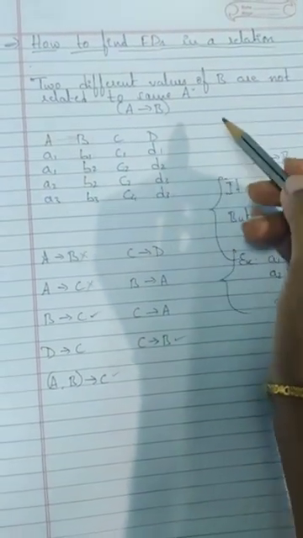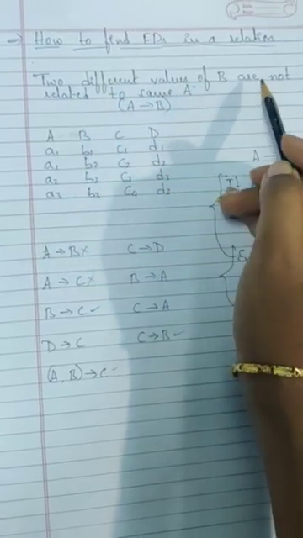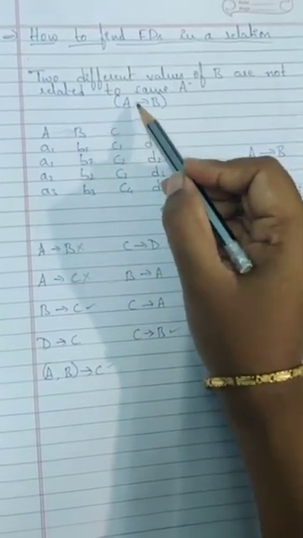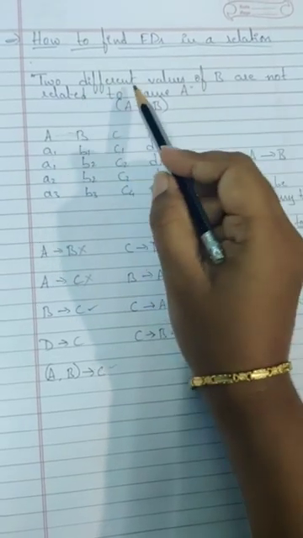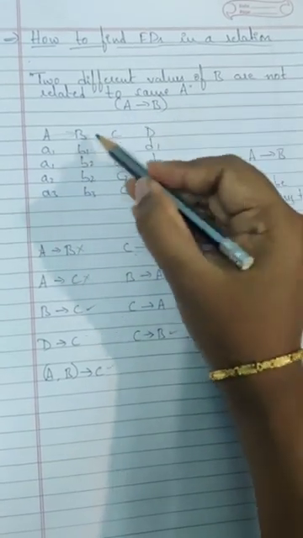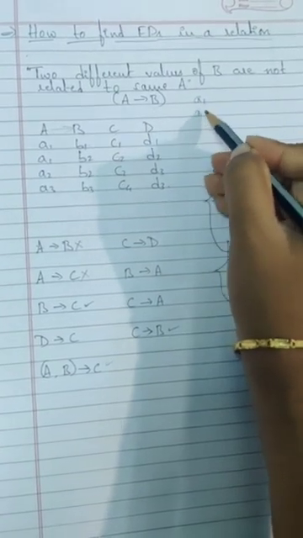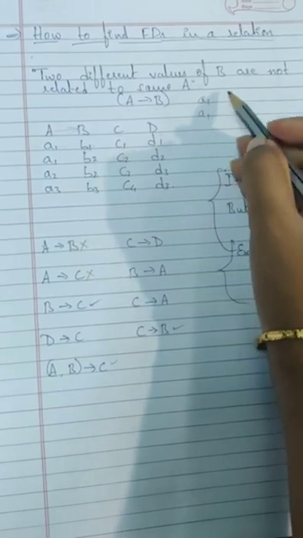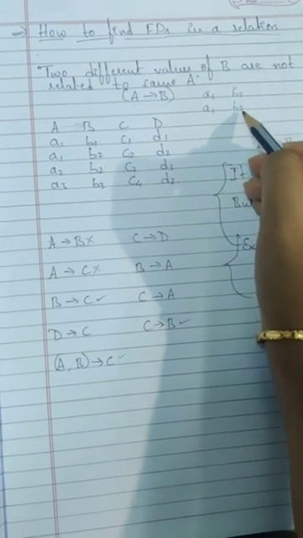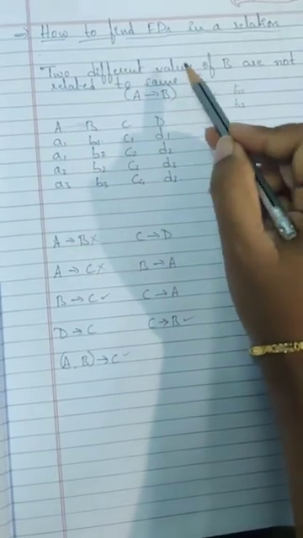To do that, we have to remember this statement: two different values of B are not related to the same A. For example, if I consider the functional dependency A determines B, then two different values of B are not related to the same A. That means, according to this data, for the A value A1, A1, I should not have two different values for B. You can check this example with the statement.